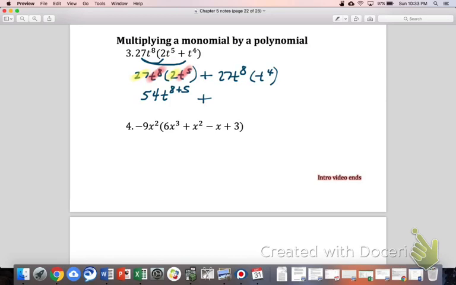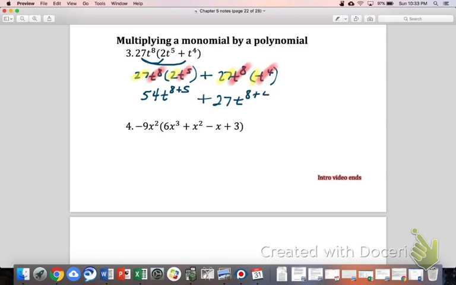Plus. Now in the second term, I've got numerical base of 27, and then it doesn't seem like I have one right here. Technically, it's 1, and 27 times 1, of course, is just 27. And then I've got my variable base of t to the 8, and the other one is t to the 4th. So like we've done before, if you're multiplying like bases, you leave the base the same, and then you add the exponents.